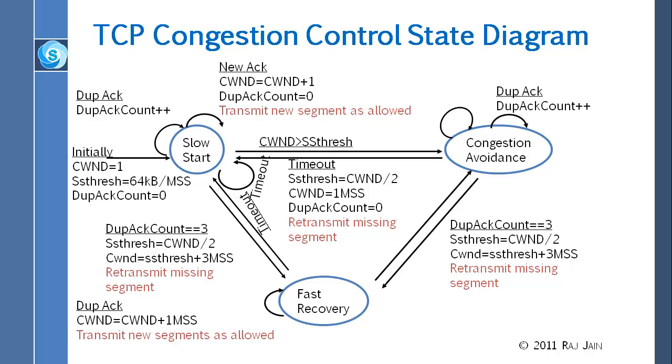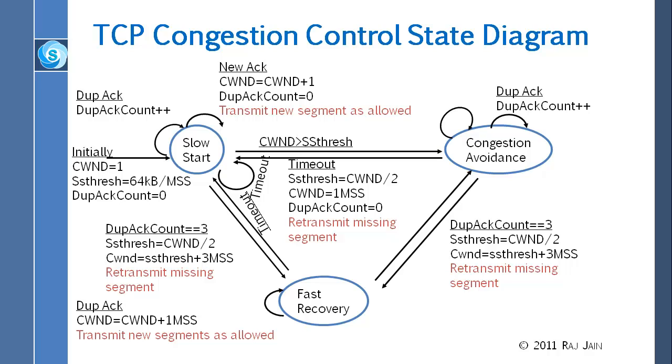So for example, when you are in the slow start phase, if you get a duplicate ACK, all you do is duplicate ACK count plus plus. Plus plus everybody understands, right? Okay.